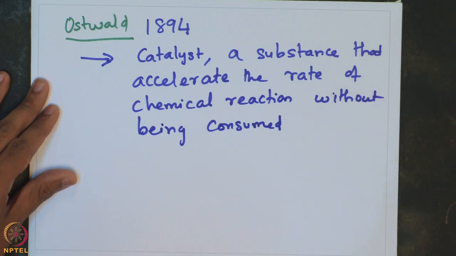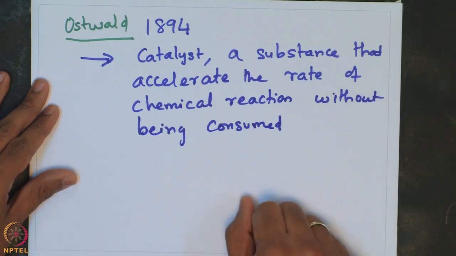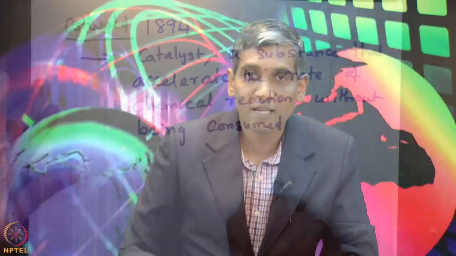So, Ostwald in 1894 made this definition for catalyst. It is a substance that accelerates the rate of chemical reaction without being consumed.